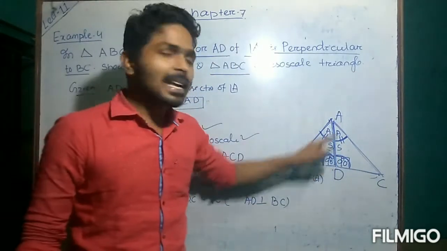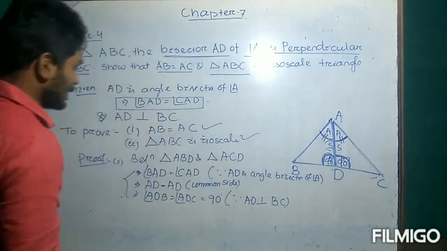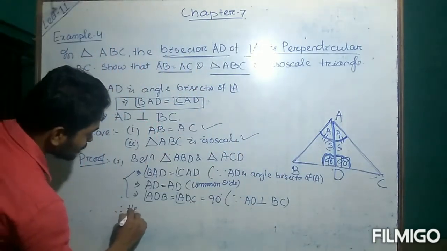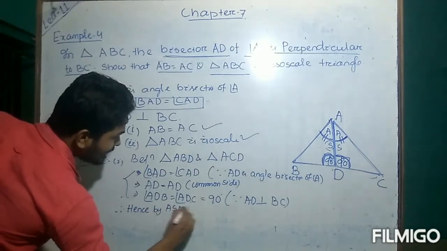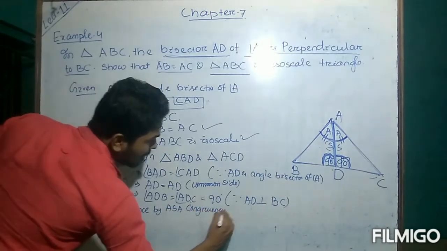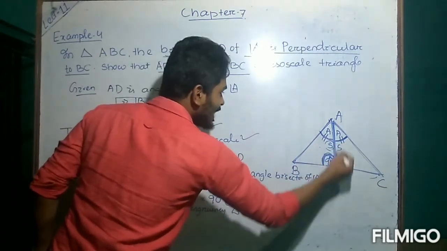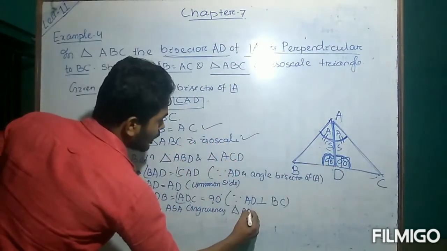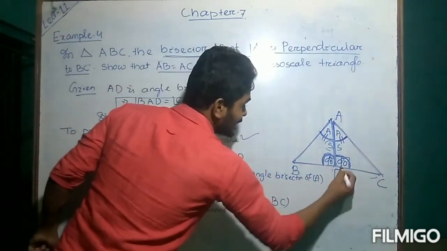So by ASA congruency, we can write that these two triangles become congruent. Hence, by ASA congruency, triangle ABD, or you can say ADB, is congruent to triangle ACD.